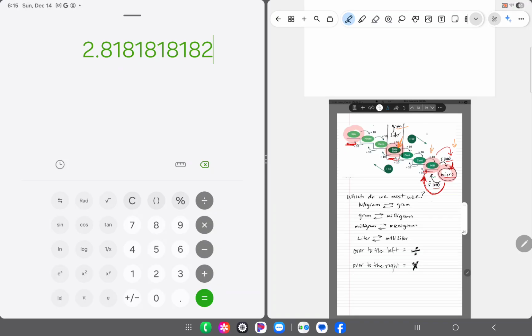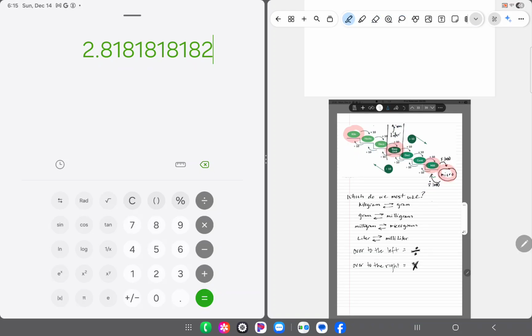Am I going 3 places to the right? So if I'm going from gram to milli, I'm going 3 places to the right. 1, 2, 3 bounces, as you saw. If I'm going from milligram to gram, I'm going to go 1, 2, 3 places to the left. That's where these bouncing ideas come in from way back when I was a kid.